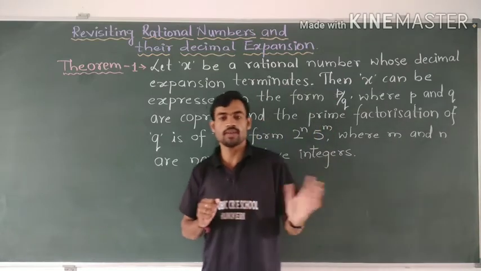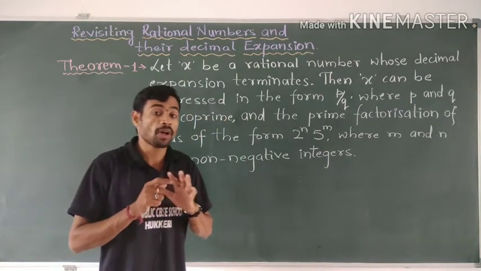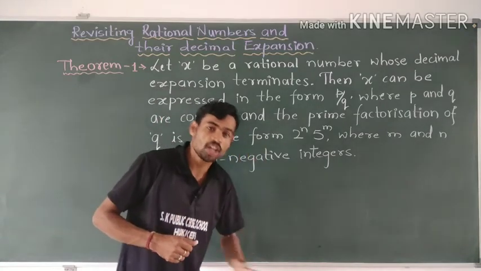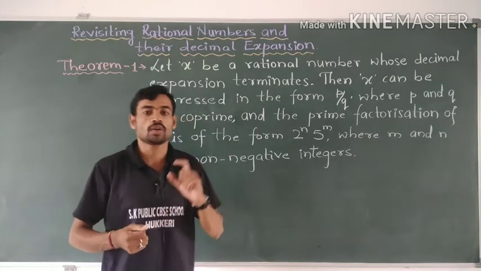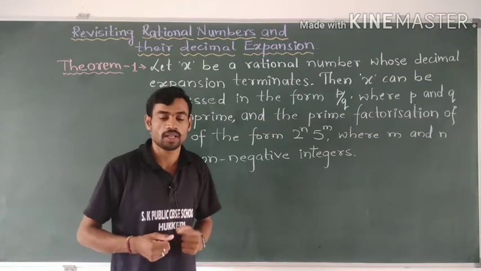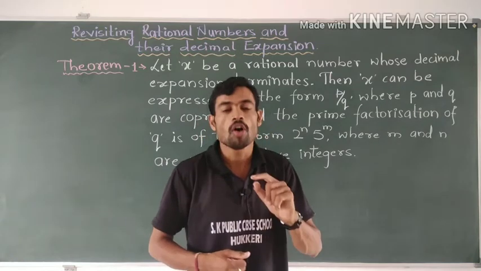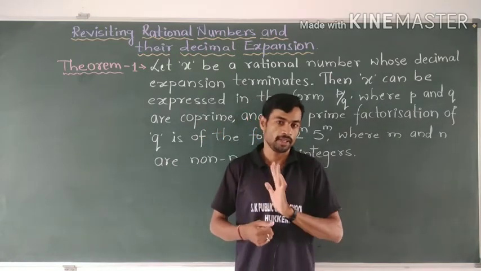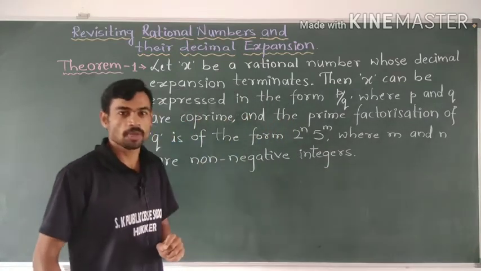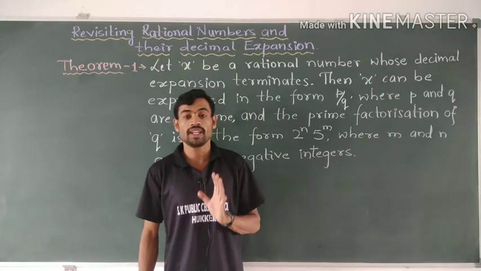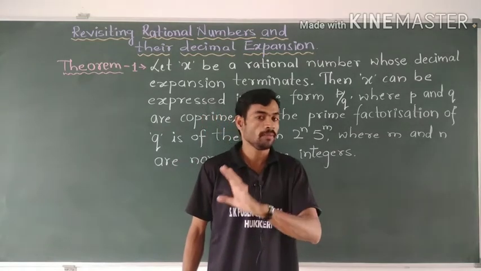And in 10th standard, without performing actual division, by seeing the rational number, we can easily say whether it is terminating or non-terminating repeating decimal expansion, that too without performing the actual division method.